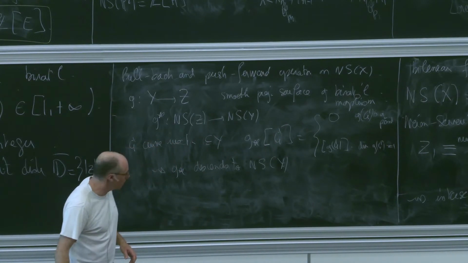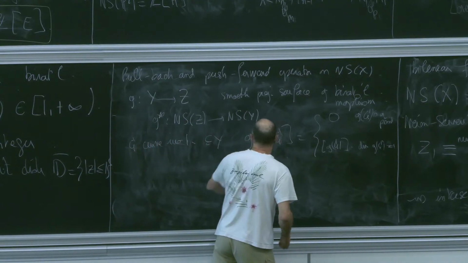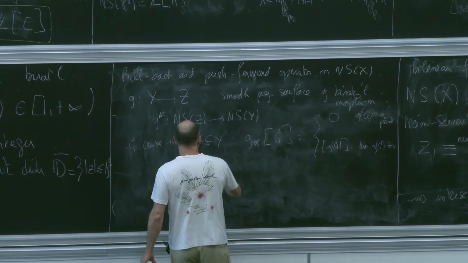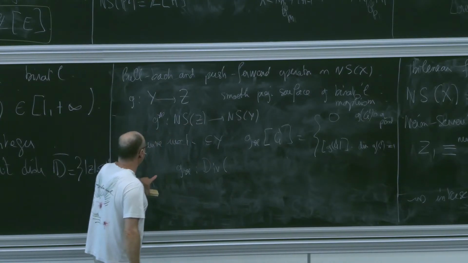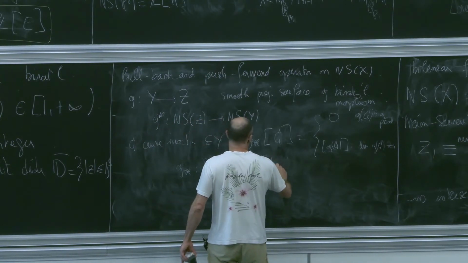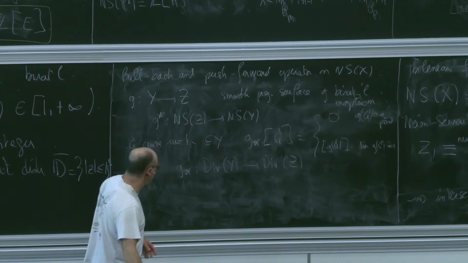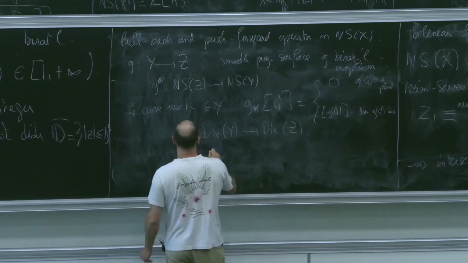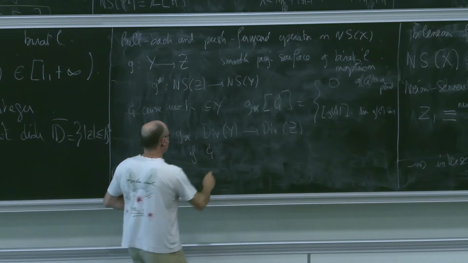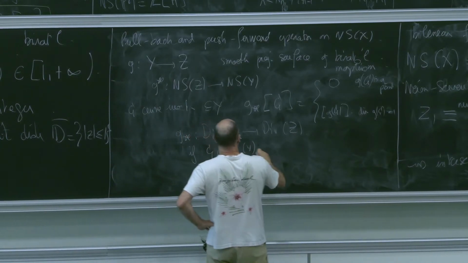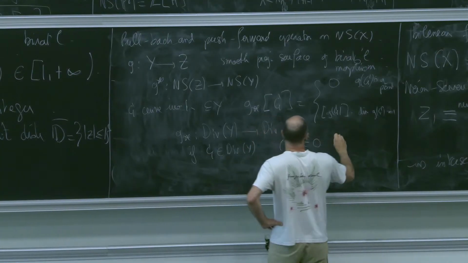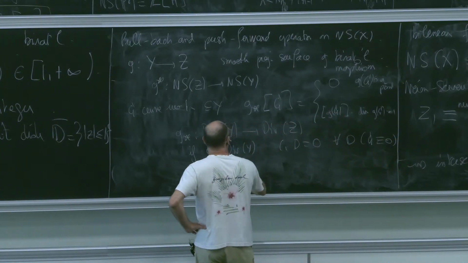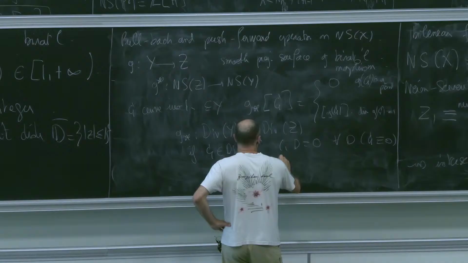It's a bit confusing what I'm writing, so let me restate: this definition is a group morphism from the set of divisors of Y to the set of divisors of Z. And then I'd like to check that if C is a divisor in Y such that C dot D is equal to 0 for all D, in other words C is numerically trivial, then its image is also numerically trivial.